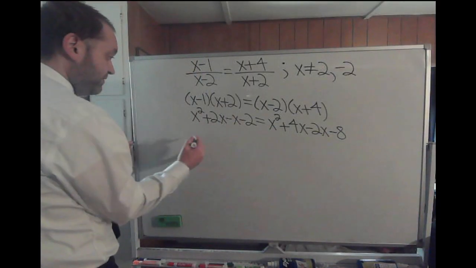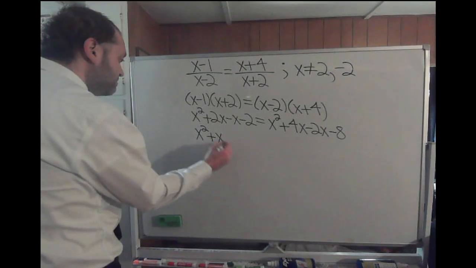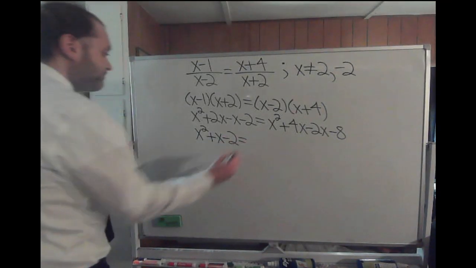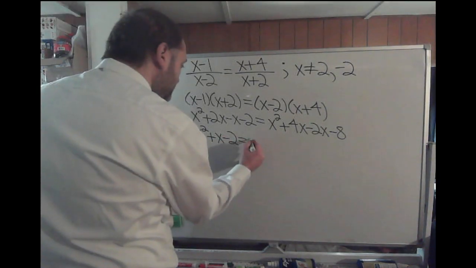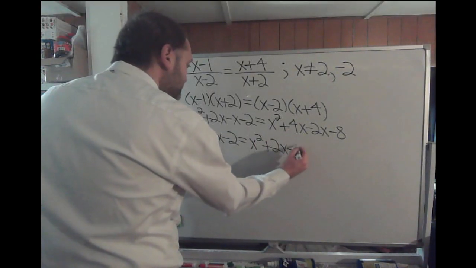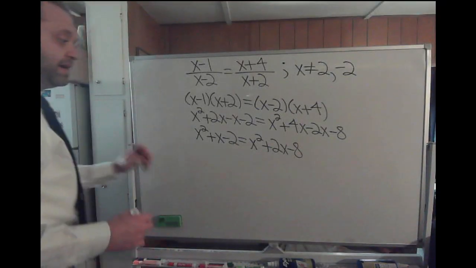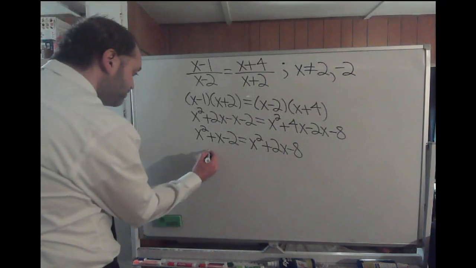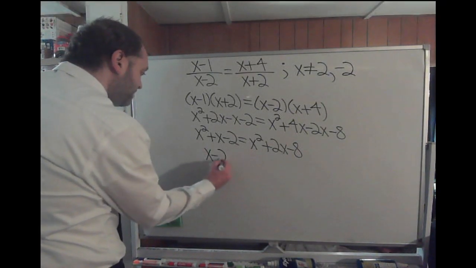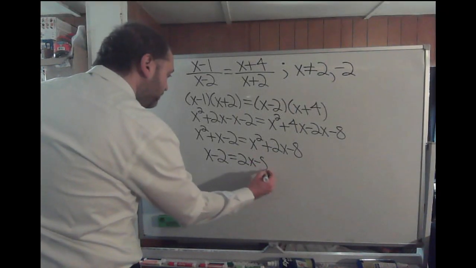Alright, so you simplify the left side, you'll get x squared plus x minus 2 is equal to x squared plus 2x minus 8. Which, again, both sides have a common x squared that you can subtract, which would just give you x minus 2 on the left equal to 2x minus 8 on the right.